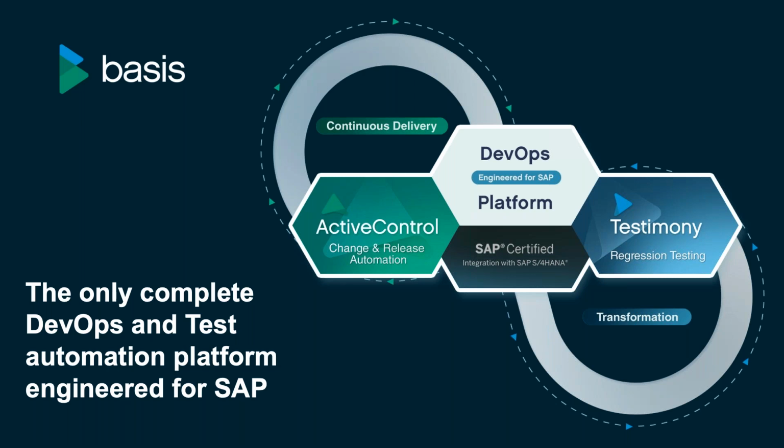And Testimony covers the very important area of regression testing, which David's already mentioned when talking about framing devices around quality and speed. These two products combine to form that platform, and the examples I'm going to talk about next are all coincidentally users of Active Control and what they've got out of that in their DevOps scenarios.